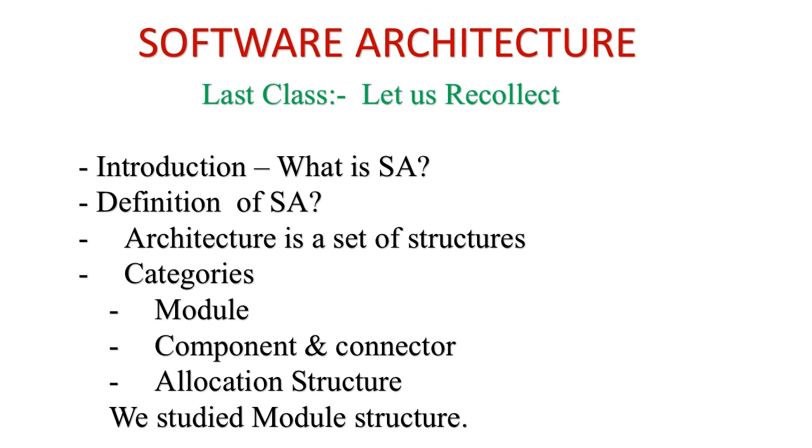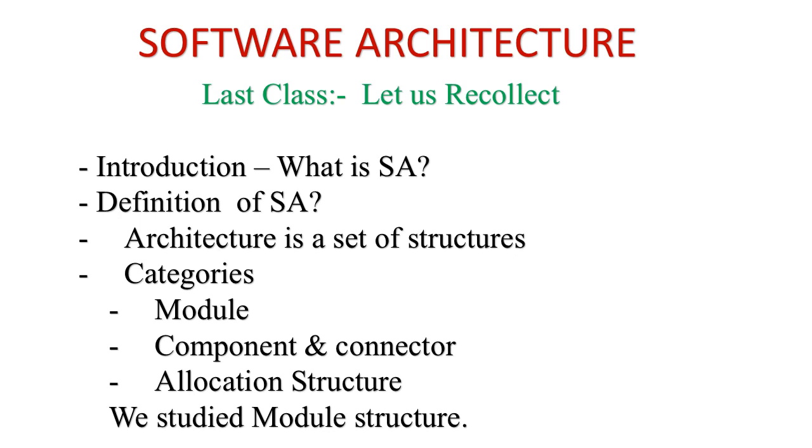There are three categories: one is the module structure, the next is the component and connector structure, and the next is the allocation structure. Among all those three structures, we studied only module structure. Do you remember? If you don't remember, just take down the notes and recall it.